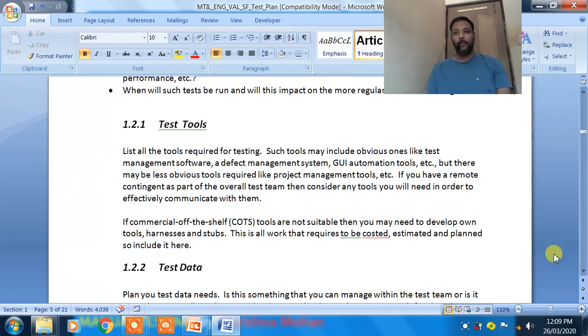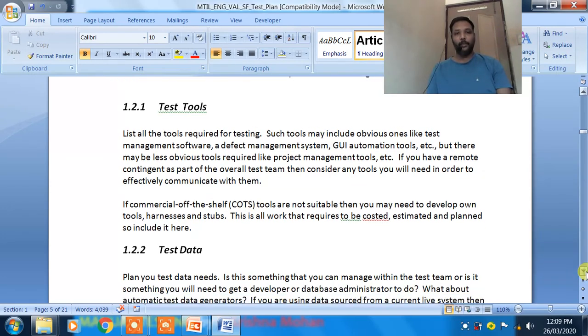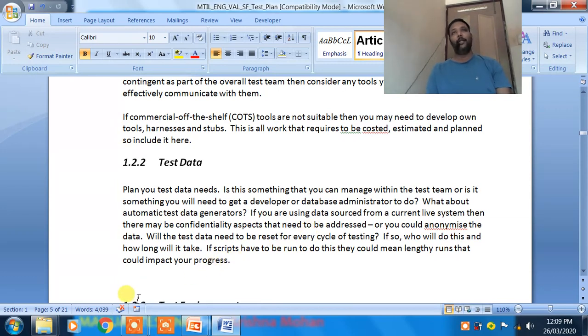Then the test data. Test data is the data which is used for testing. In some cases it will be given by the customer also, so then you will write where you are getting the test data.